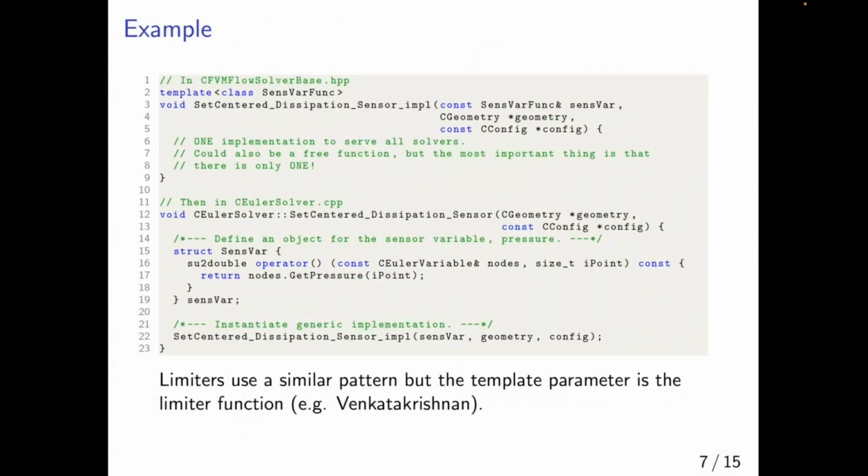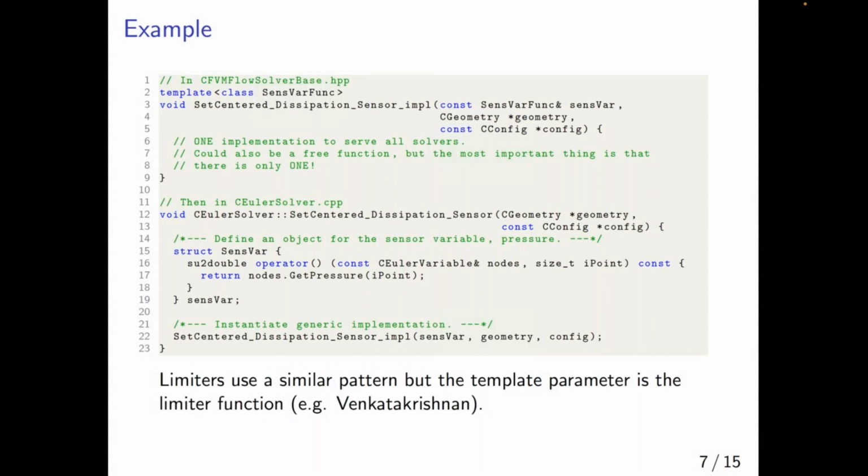So for example, we have this center dissipation sensor, and this is done by the generic solver or by the base solver. And one of the things that this accepts is a functor, and this functor returns the sensor variable.